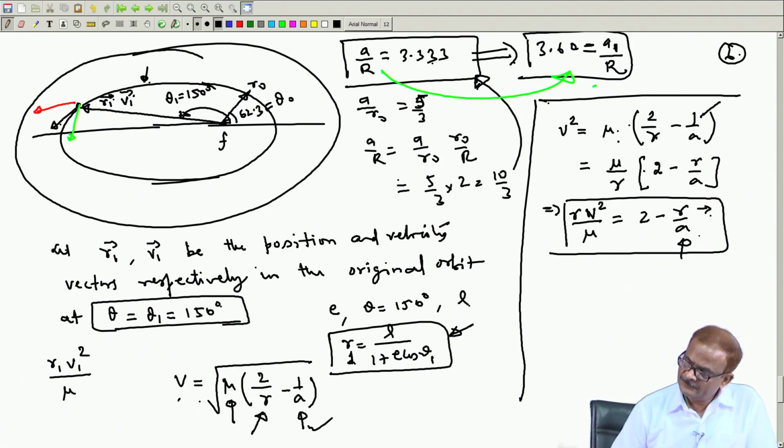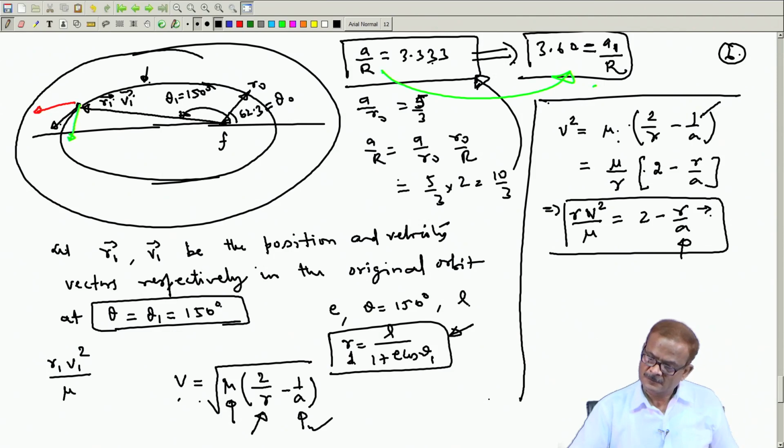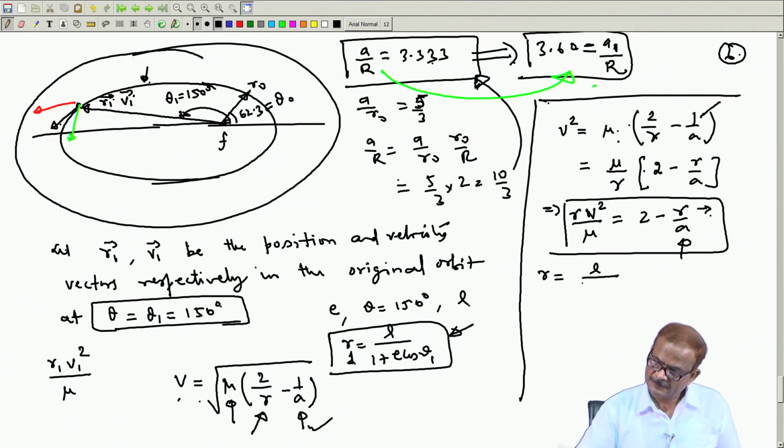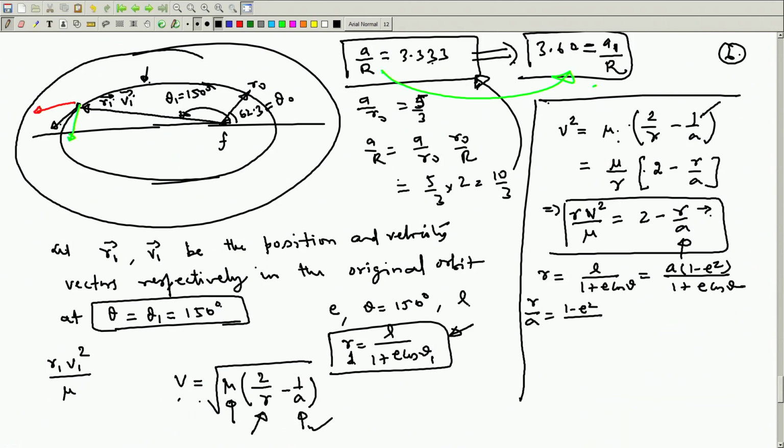So, both ways we can do it, it is not a problem, either you do it this way or that way, it is all okay. And moreover, as we have written r equal to L by 1 plus E cos theta, and L equal to a times 1 minus E square, r by a becomes 1 minus E square divided by 1 plus E cos theta.